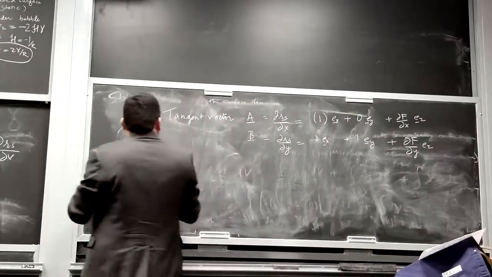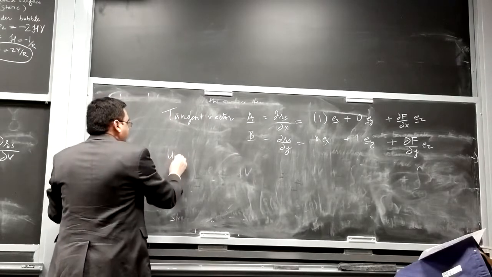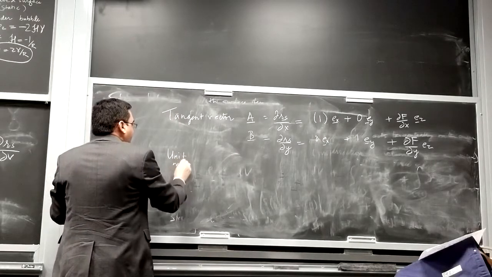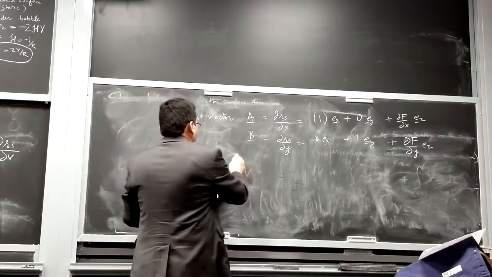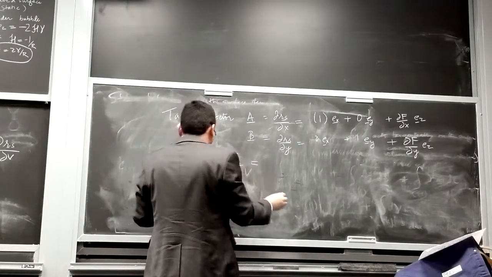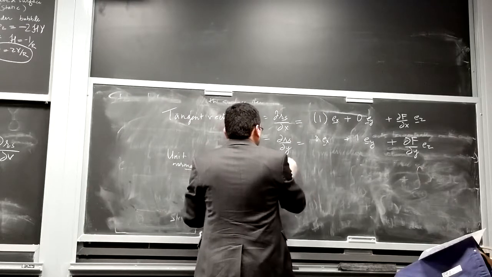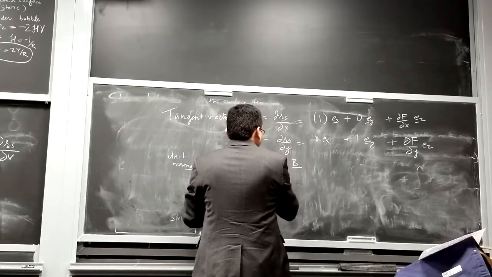Using this, we can get the unit normal. For different coordinate systems, the expressions for normals are given in a table in the appendix, and we will provide you those tables in your exams.